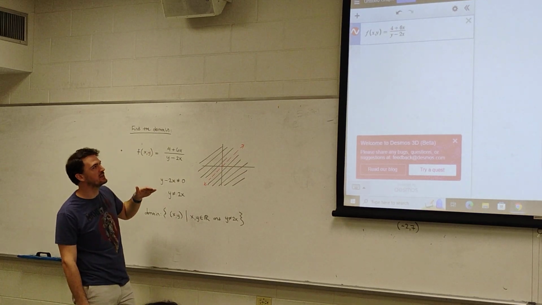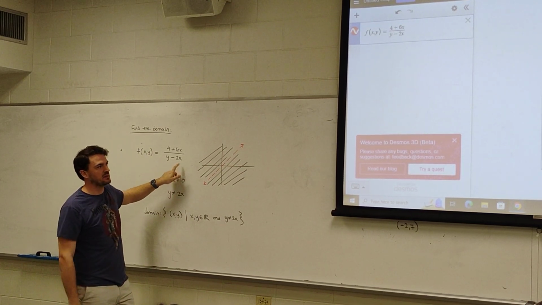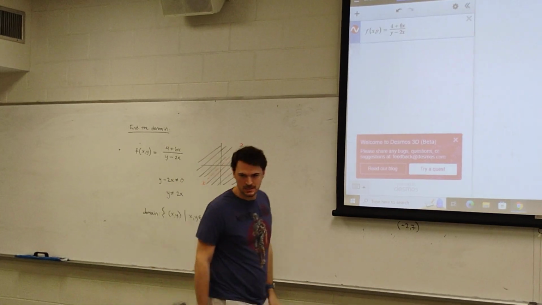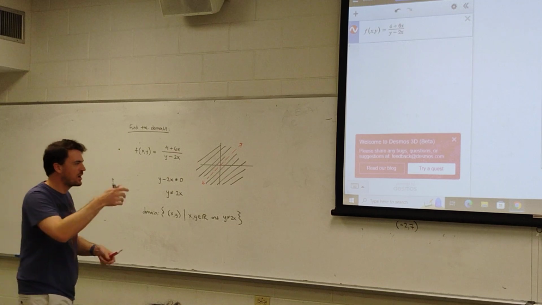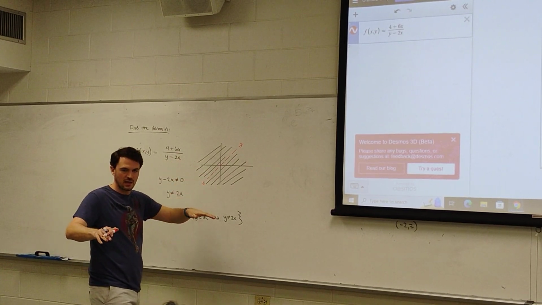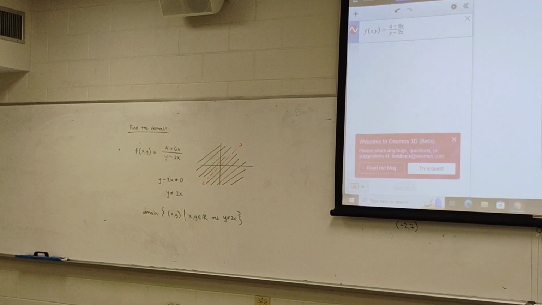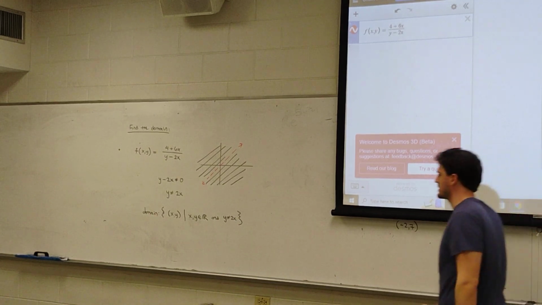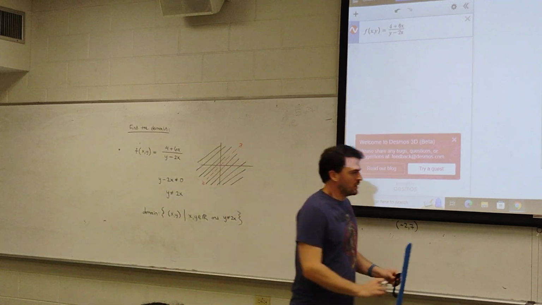Anything along that line, plug it in, you're going to get 0 in the denominator. Because as you approach the line, you still get an asymptotic behavior. Because you're dividing by a super small number, the overall number gets really large. A lot of those ideas that exist in Calc 1 still hold true. Let's do another one.